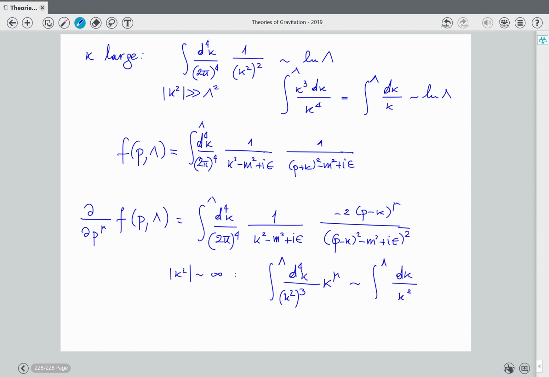There is one power more in the denominator after you go to spherical polar coordinates. Let's see, there are 5 k's in the numerator and 6 in the denominator, so you have one more in the denominator. This is convergent when lambda goes to infinity.